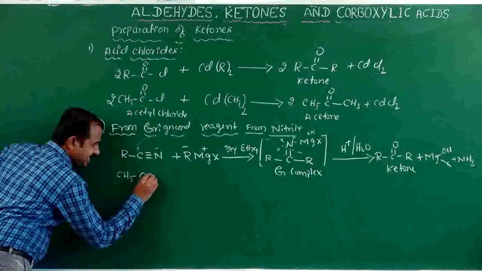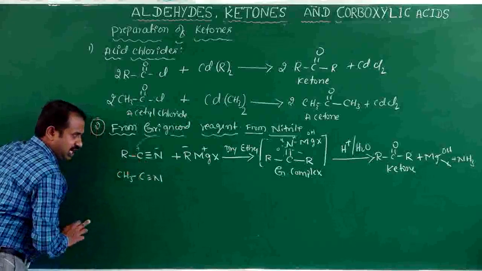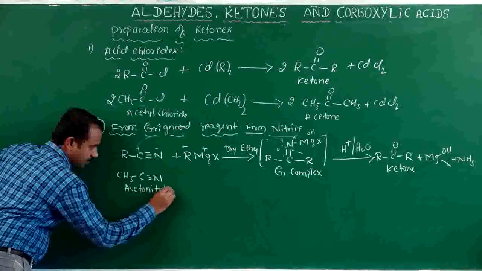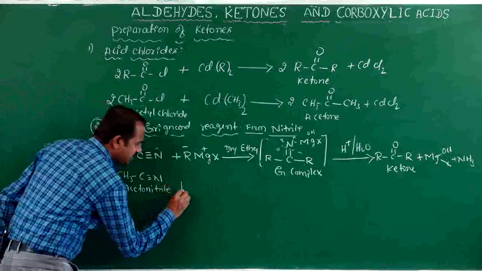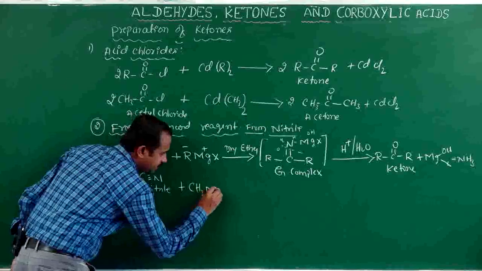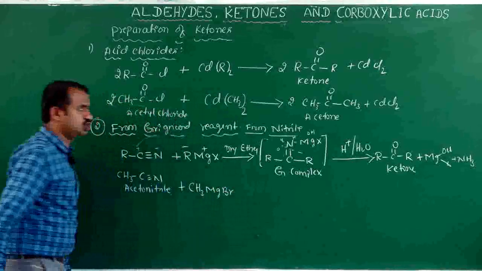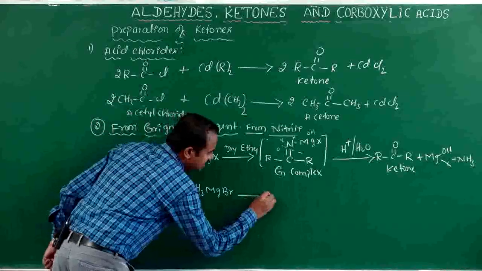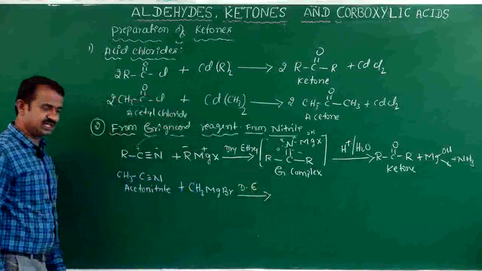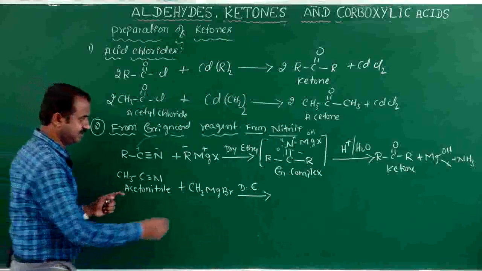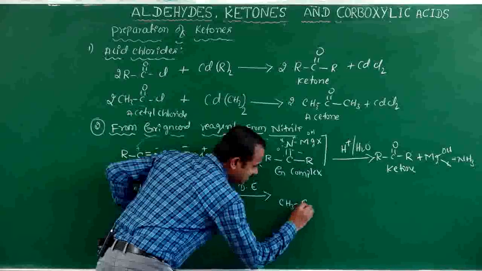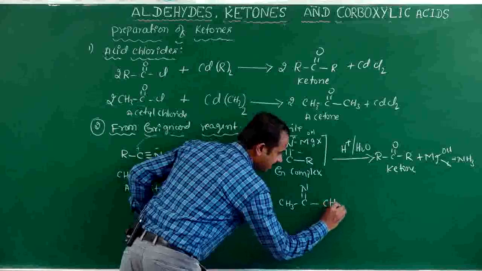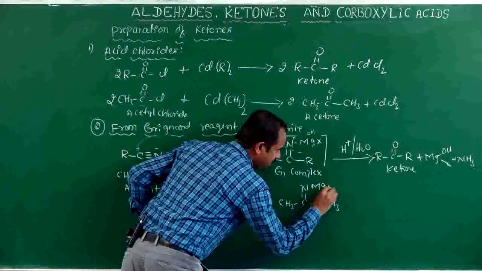Take the example acetonitrile, CH3C≡N, which reacts with methyl magnesium bromide in presence of dry ether to form the complex CH3C=N-MgBr.